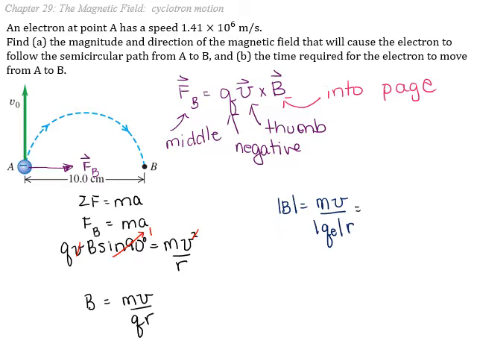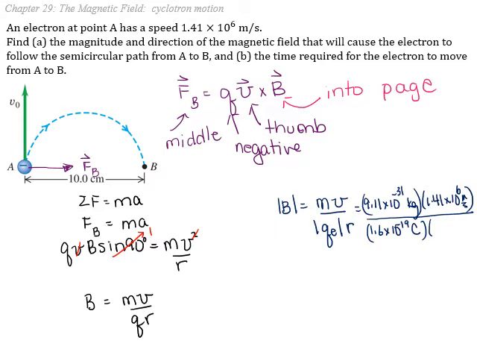divided by R. So we've got 9.11 times 10 to the minus 31 kilograms times the speed 1.41 times 10 to the 6 meters per second divided by the magnitude of the charge, which is 1.6 times 10 to the minus 19 coulombs. We're not including the negative sign because we're just trying to find the magnitude of the field, times the radius of the path.